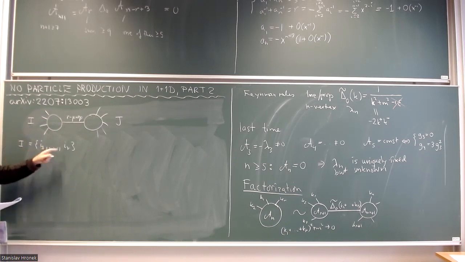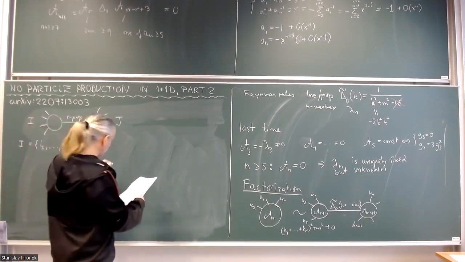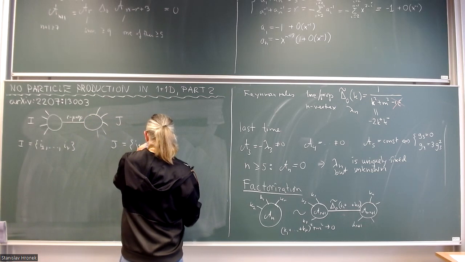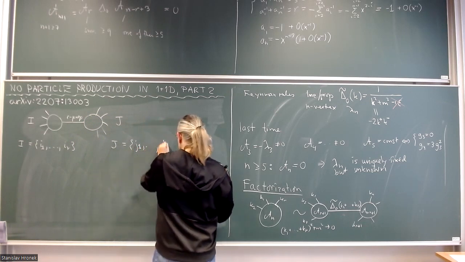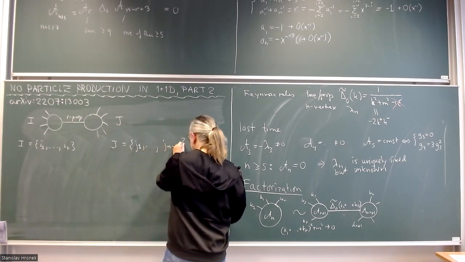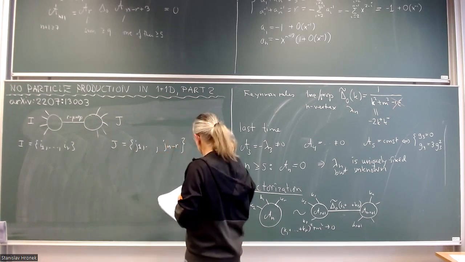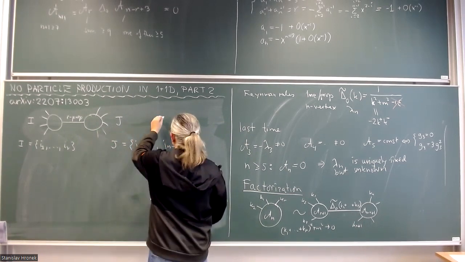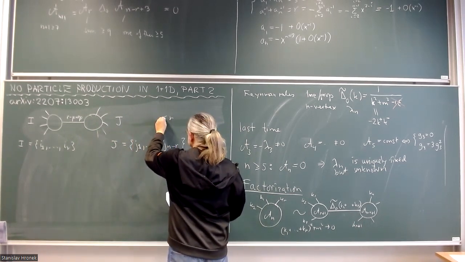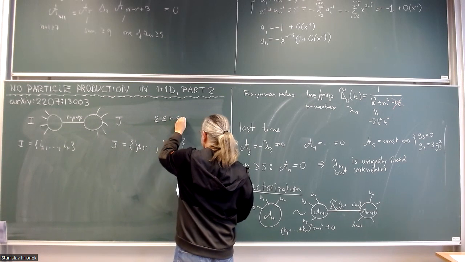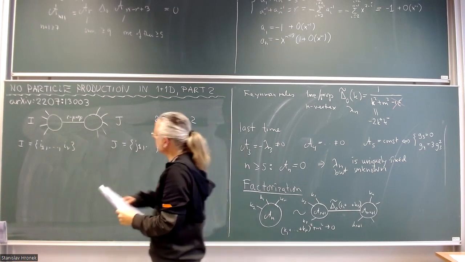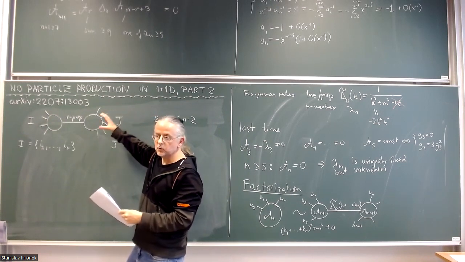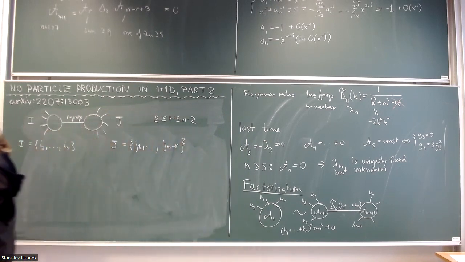On one side we have these indices, and on the other side we have these indices, up to J(n-R). And it's only interesting to have R between 2 and n-2, because we need at least 2 legs on each side, or else it will not be an internal propagator.